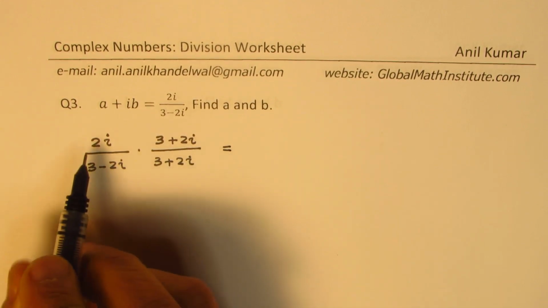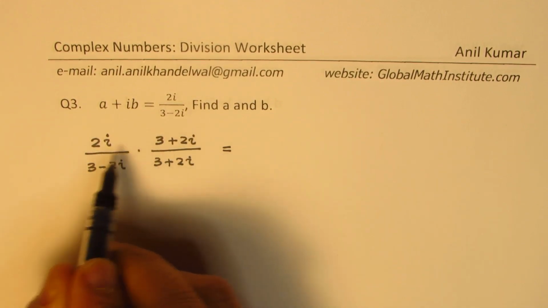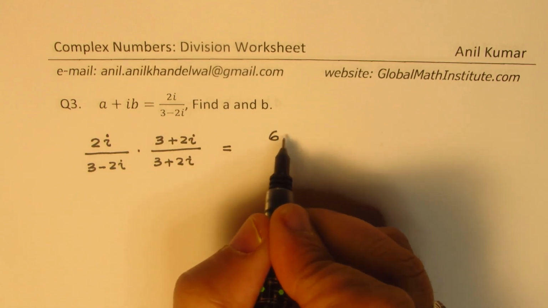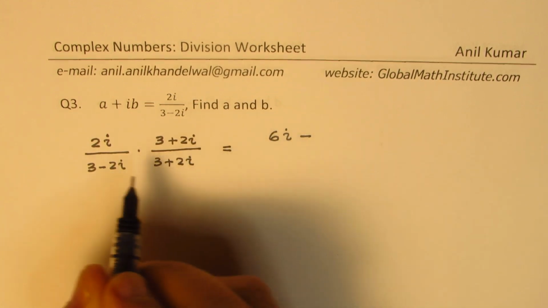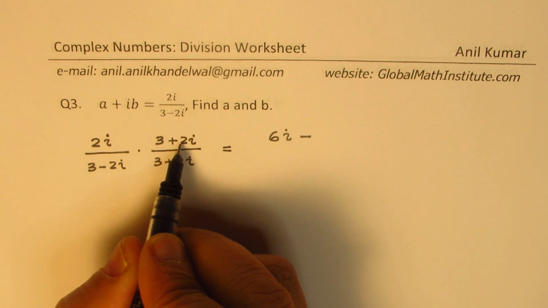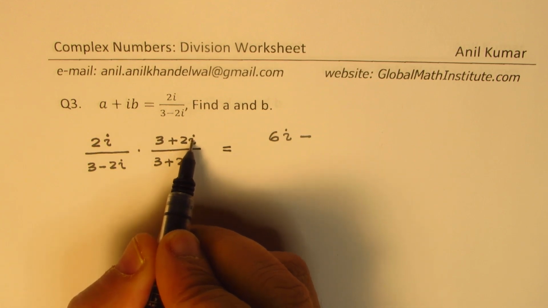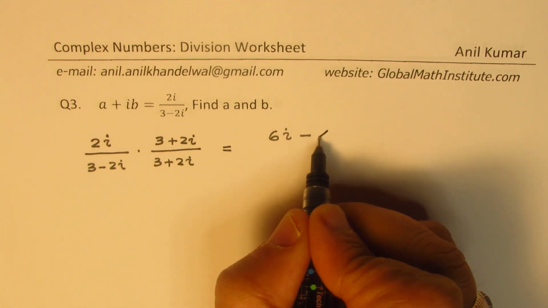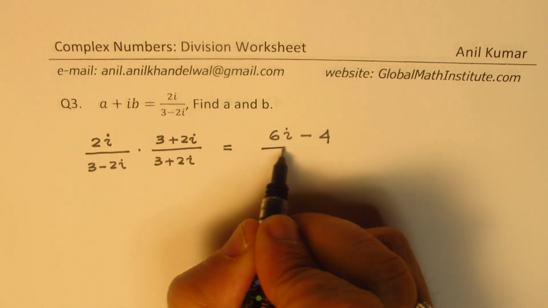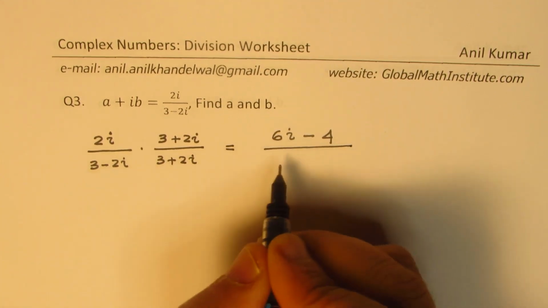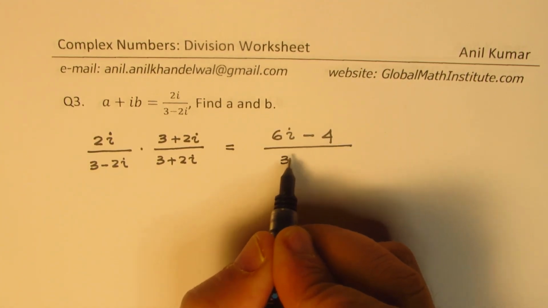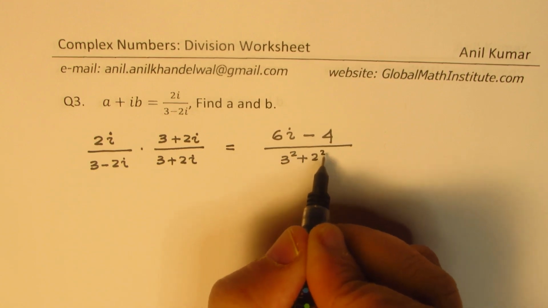So that gives you, when you multiply the numerator, 3 times 2 is 6, we get 6i, minus 2 times 2 is 4i square, right? So i square is negative, so we get minus 4. Perfect. Over the denominator is 3 square plus 2 square.